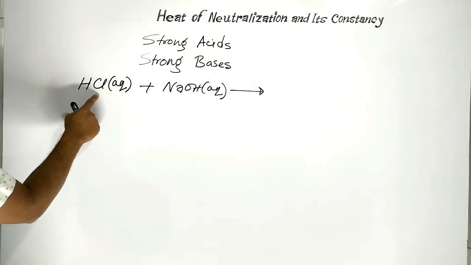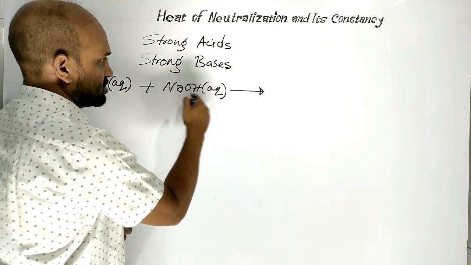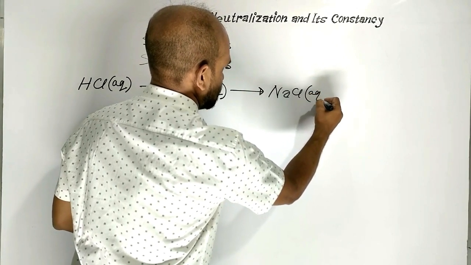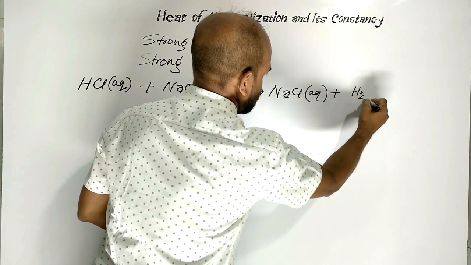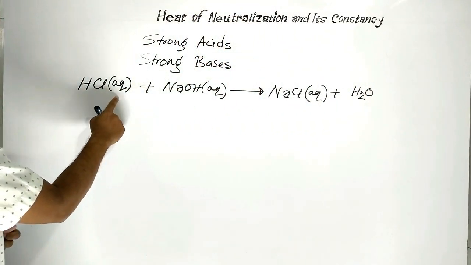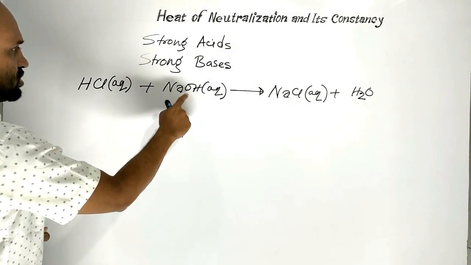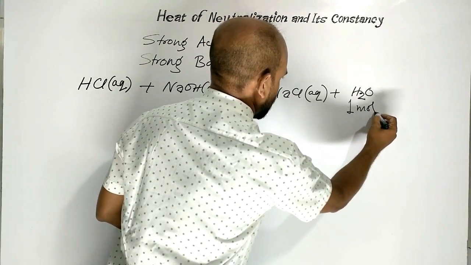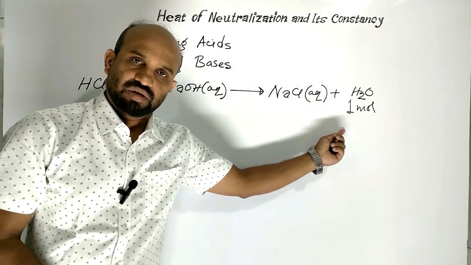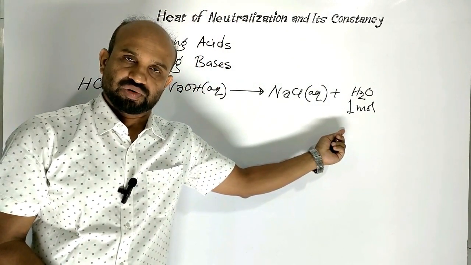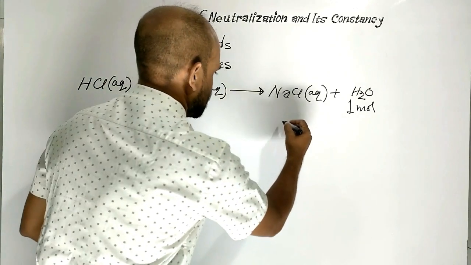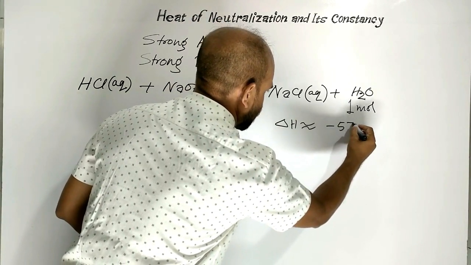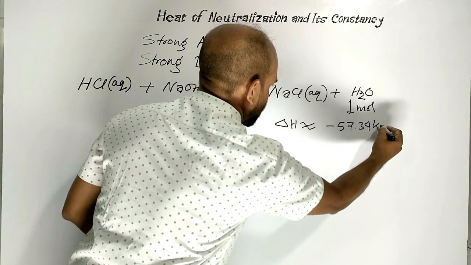When a strong acid is treated with a strong base, salt is formed, and in this reaction, 2 hydrogen atoms and 1 oxygen atom make 1 mole of water. At the same time, this reaction generates around 57.34 kilojoule heat.